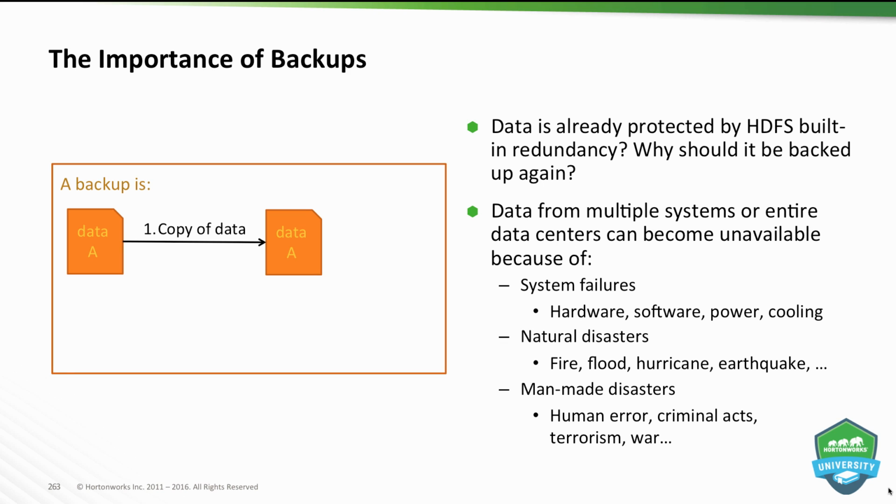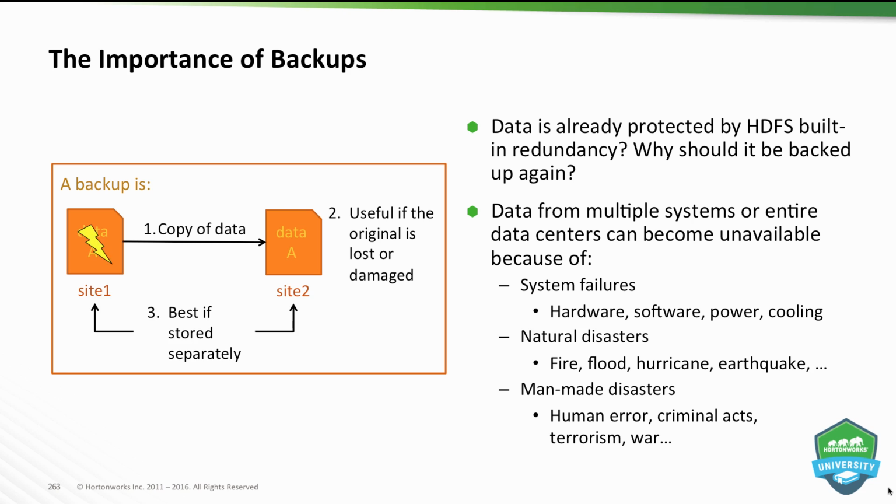So we really are talking about making copies of data, just in case we do have some big disaster, much like you see on the right-hand side, many things that could go wrong that are really, again, the whole data center or substantial elements within that data center. So this is what we're talking about, of storing data differently for Site 1 and Site 2 and those kinds of events.